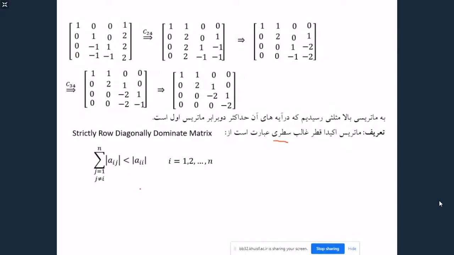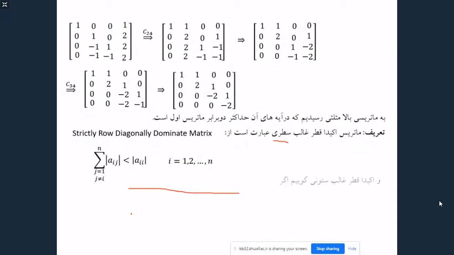This means you can add all entries in every row except in the original diagonal, the main diagonal, and in absolute mode the summation must be less than the entry in the main diagonal.